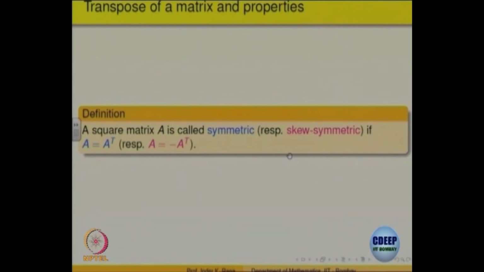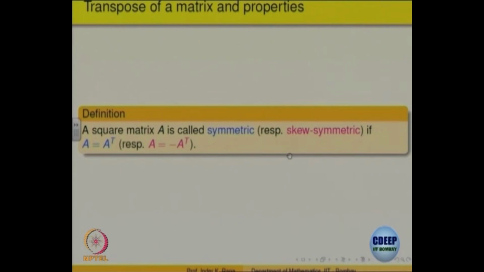We will call a matrix symmetric if A is equal to A transpose, that is, if the interchange of rows and columns does not change the matrix, right. We will call it anti-symmetric, or normally called skew symmetric, if A is minus of A transpose. Does it put any condition on the matrix A? If I say a matrix A is symmetric, does it put any condition?